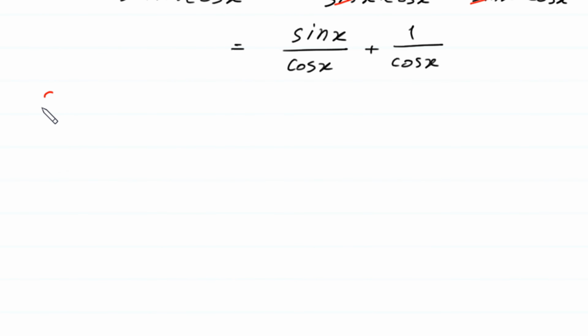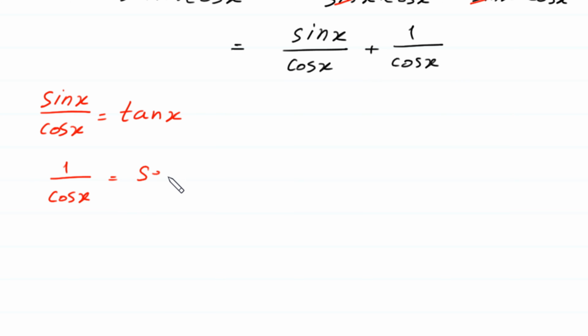Next, sine of x over cos of x is equal to tan of x, and 1 over cos of x is equal to secant of x. So we write this expression as tan of x plus secant of x. This is the final answer.